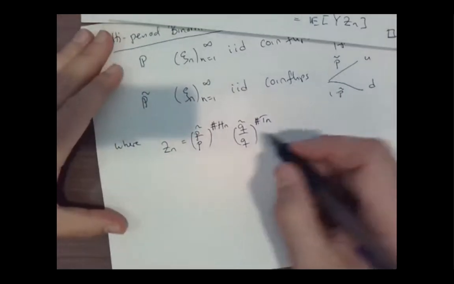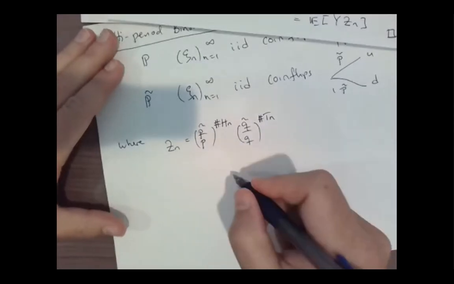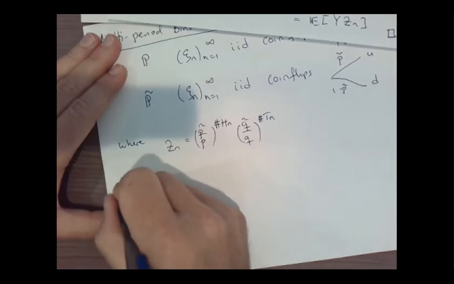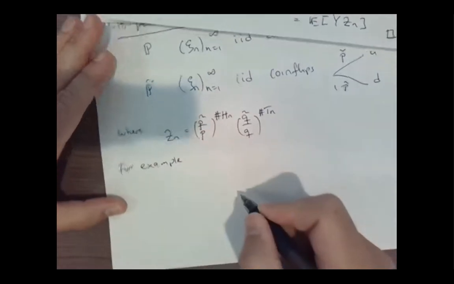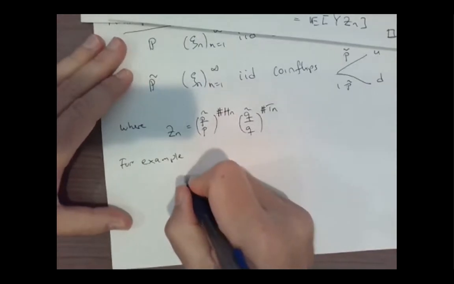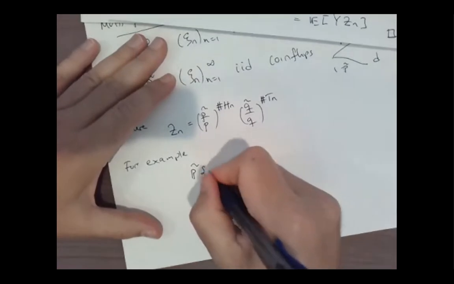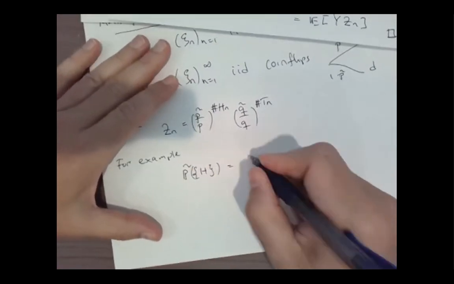Right, so how did we get this? If I look at Z1, I'll have the P tilde, say of heads.